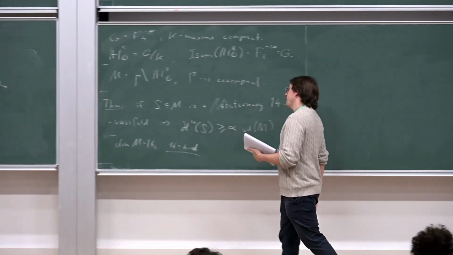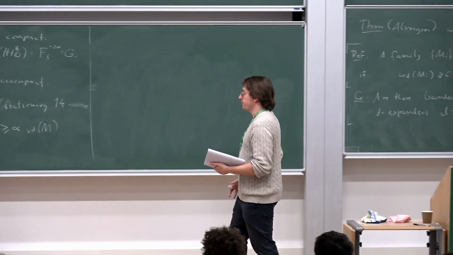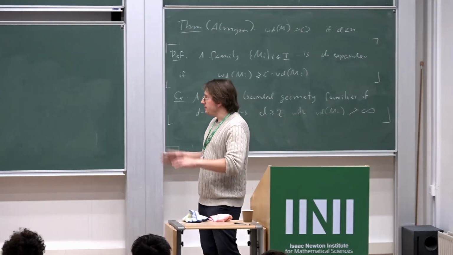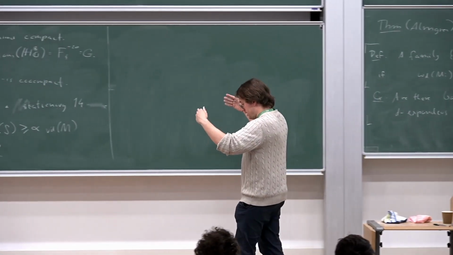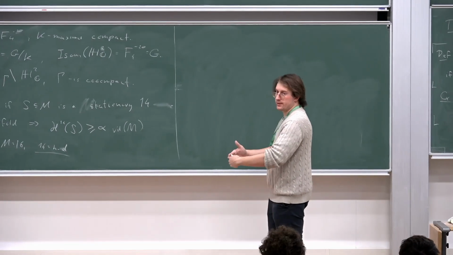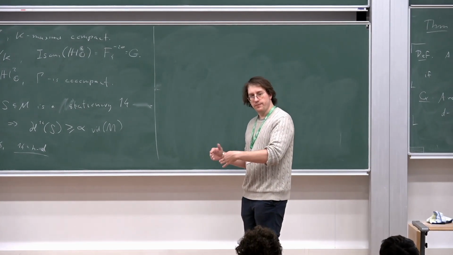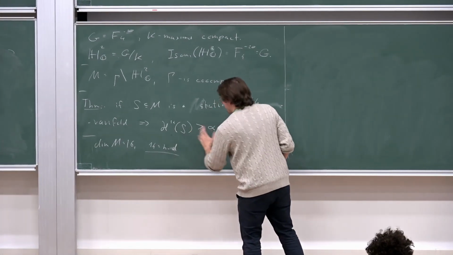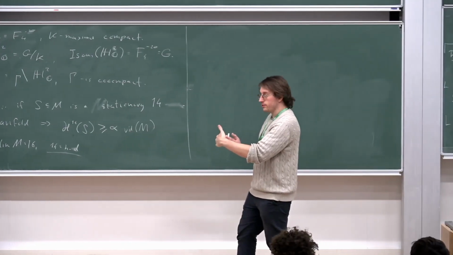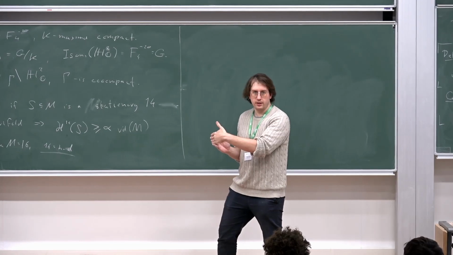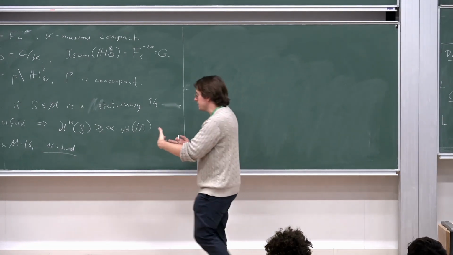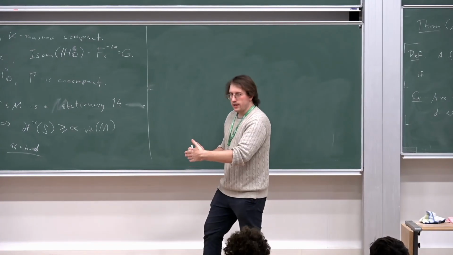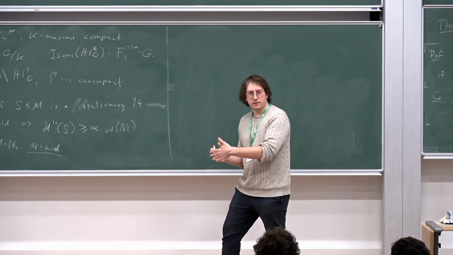It's reasonable to expect that in the limit, you deform it to something which is minimizing the volume, and you cannot deform it further. And if this is the case, then this theorem immediately tells you the lower bound on the initial cycle, because if the initial cycle violated this bound, then you cannot possibly deform it to a non-trivial minimal object.